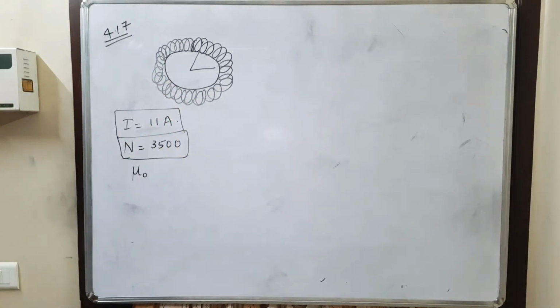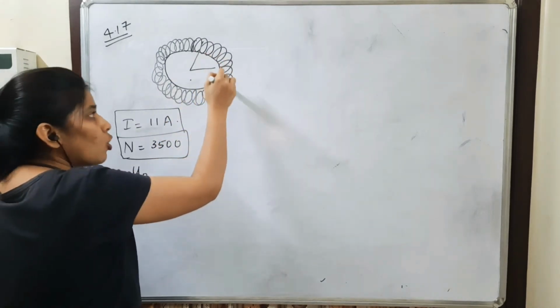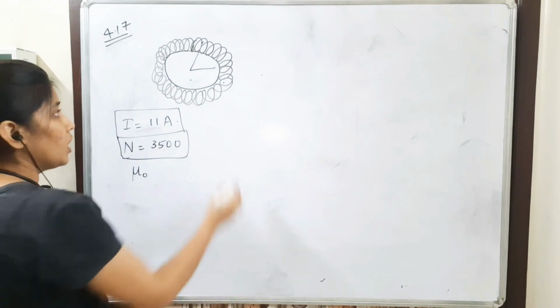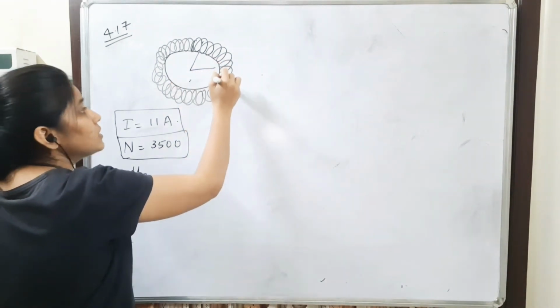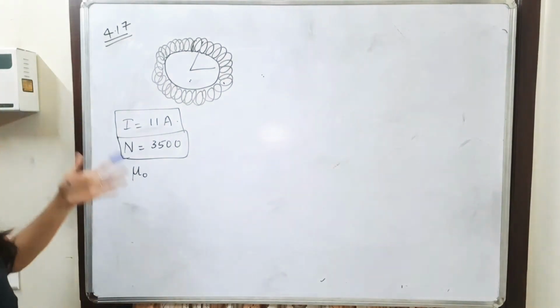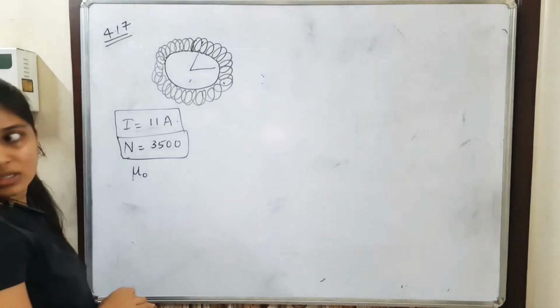Now we have to find out the field inside the core of the toroid and outside the toroid. By theory, you know clearly inside and outside the toroid the field is 0.